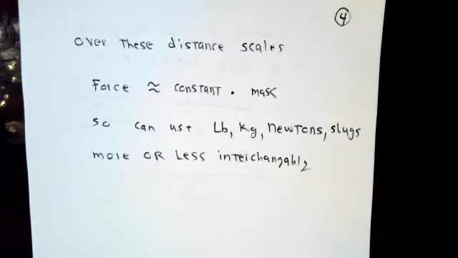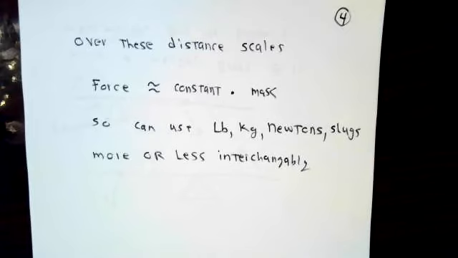So over these distance scales, the weight of an object, the force that gravity exerts on it, is basically a constant multiplied by the mass. That is to say, if you double the mass, you double the force. If you triple the force, you triple the mass.